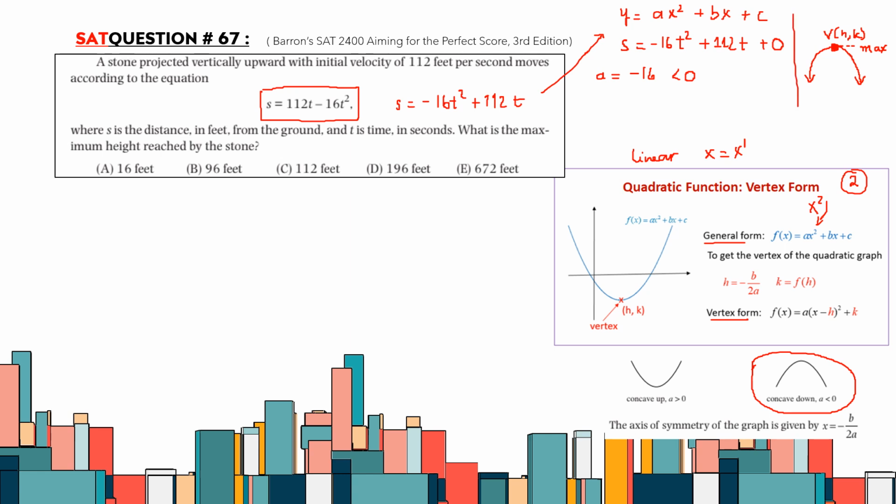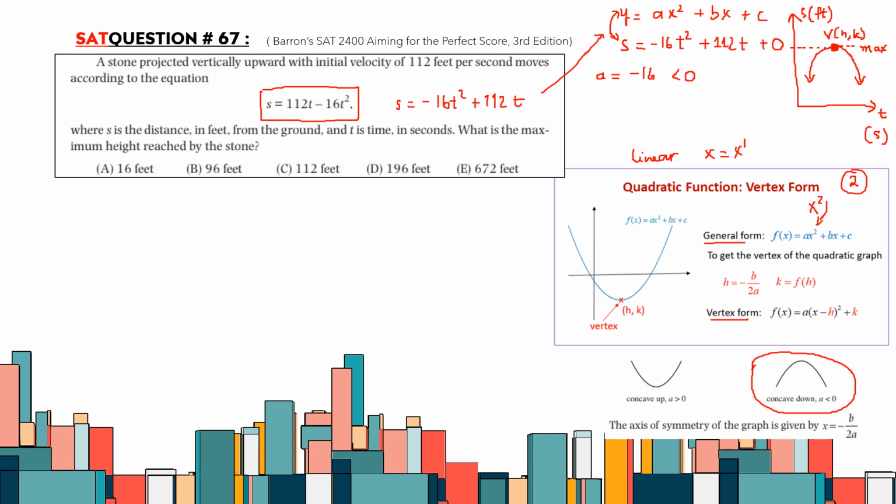When we put it in the coordinate system, t is time, the unit is seconds, and s is the height, so that will be in feet. We see y is the same as s, so it is the vertical axis, and x is t, so it is the horizontal axis.